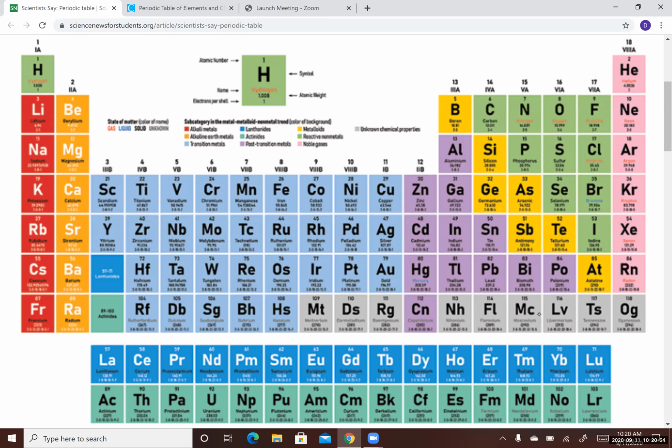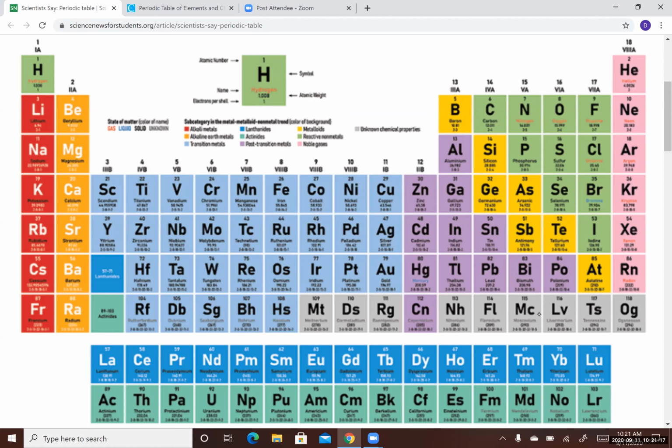These elements right here are actually placed down here, and these are called the lanthanides because lanthanum is the first element. And the same thing happens down here after radium. When you get down here, elements 89 through 103 are down here, and these are called the actinides. When we come to the segment on electron configurations, I'll explain to you why it looks like that.